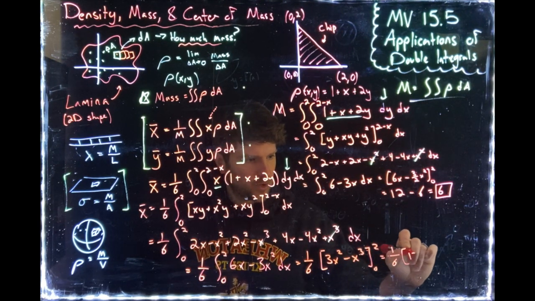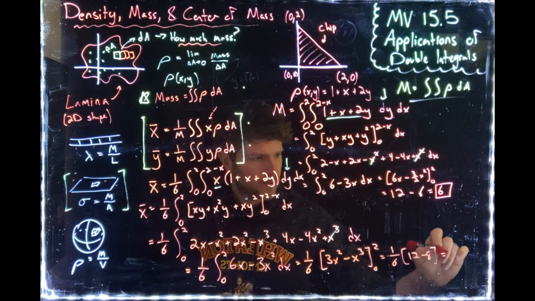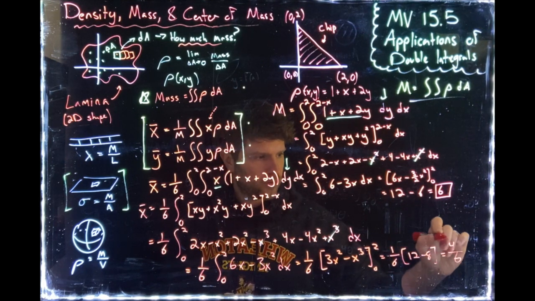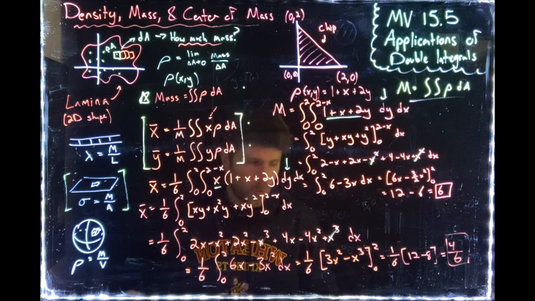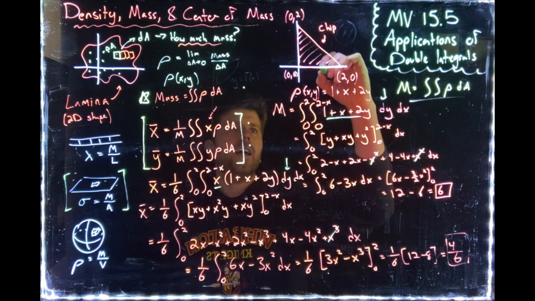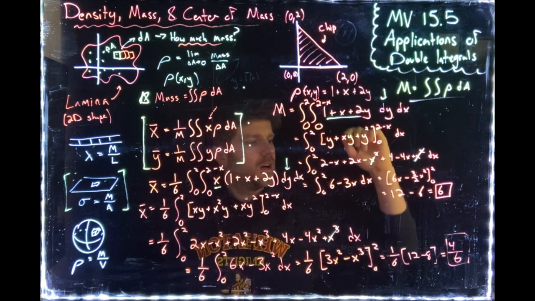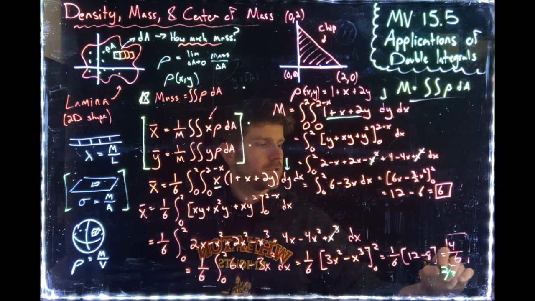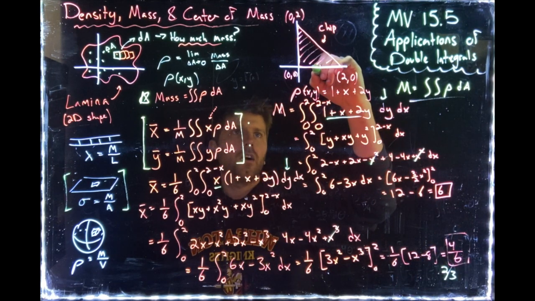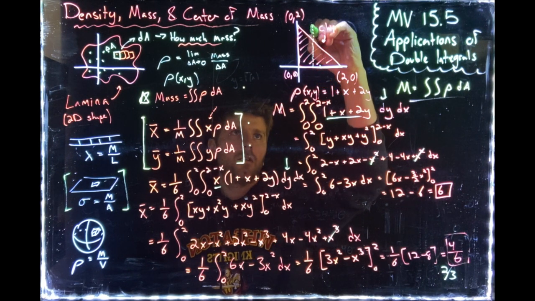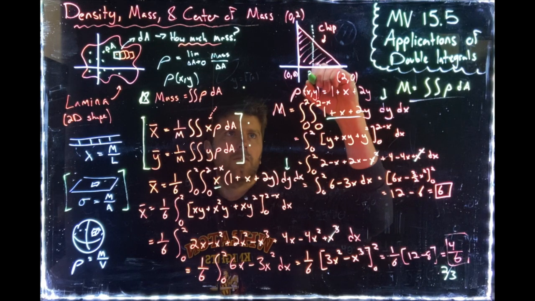That's going to be 12 minus 8, or 4 over 6. So what this tells me is that the x coordinate, 4 over 6, is of course 2/3. The x coordinate of my center of mass is somewhere along this line.